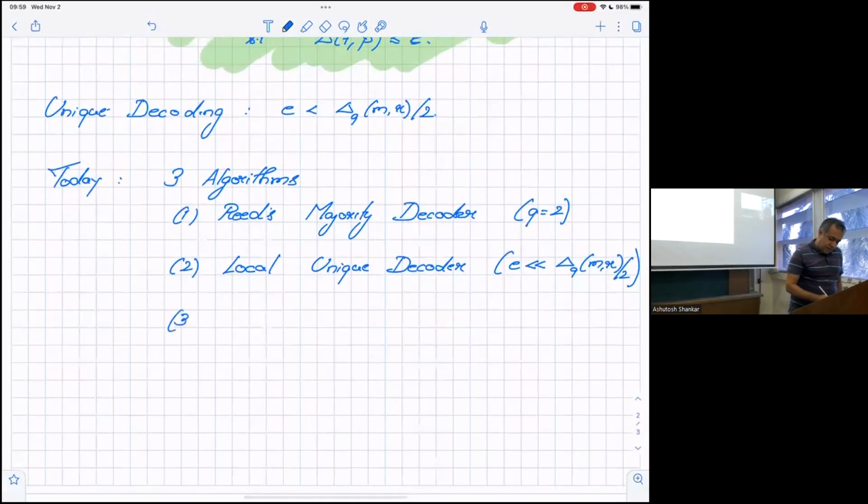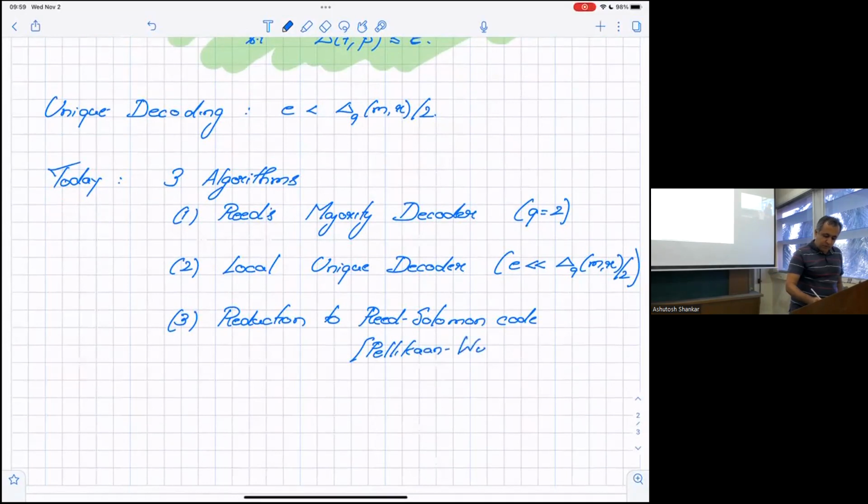And the third one, hopefully I have time to do all of them, will actually be a reduction to Reed-Solomon. This is due to Pellikaan-Wu, only 2004.